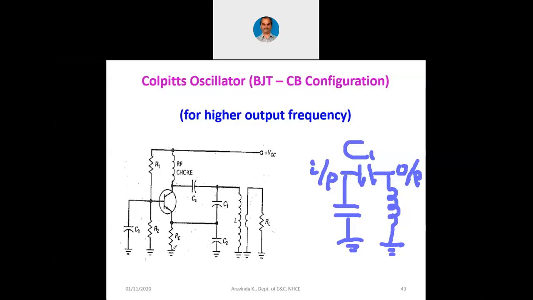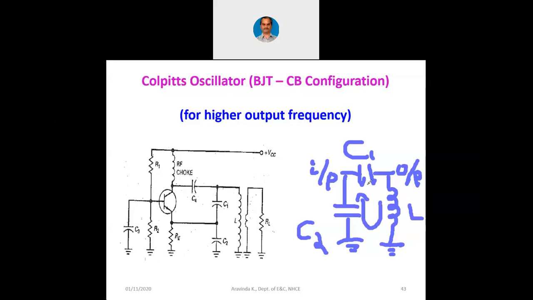Even though this RE is there for biasing, emitter is connected to ground also by means of this C2. So as far as AC is concerned, emitter is grounded. Okay. So you can see that output is coming back to emitter in the AC fashion because of the C2 itself. So you can visualize this loop this way.